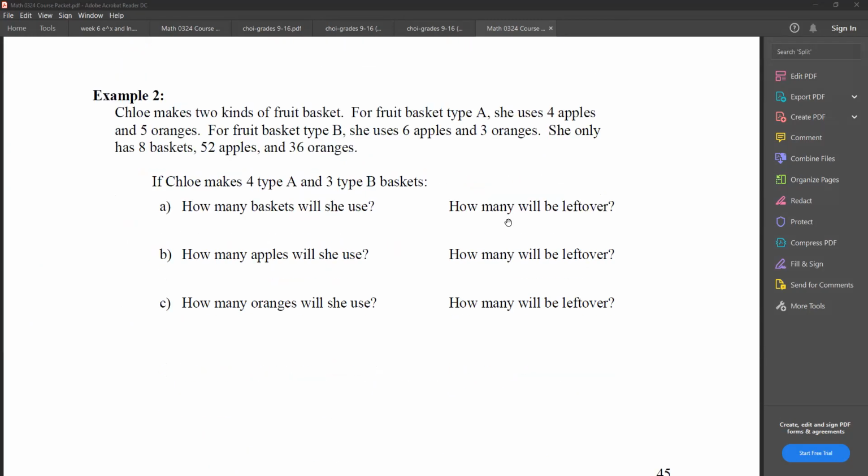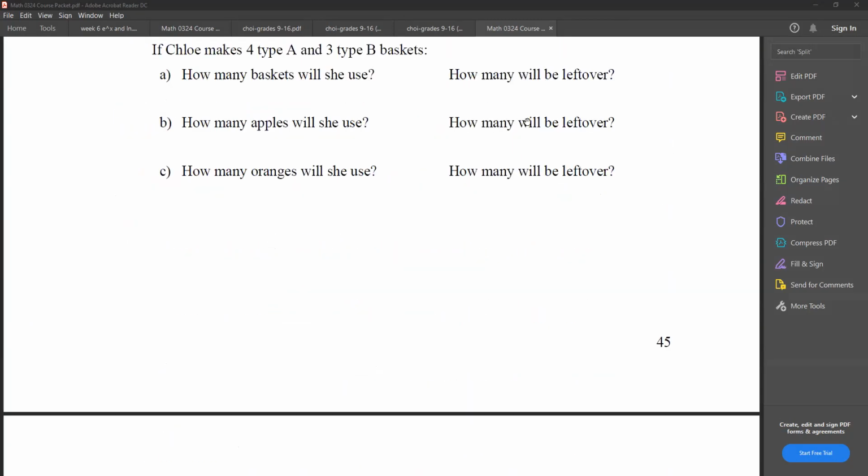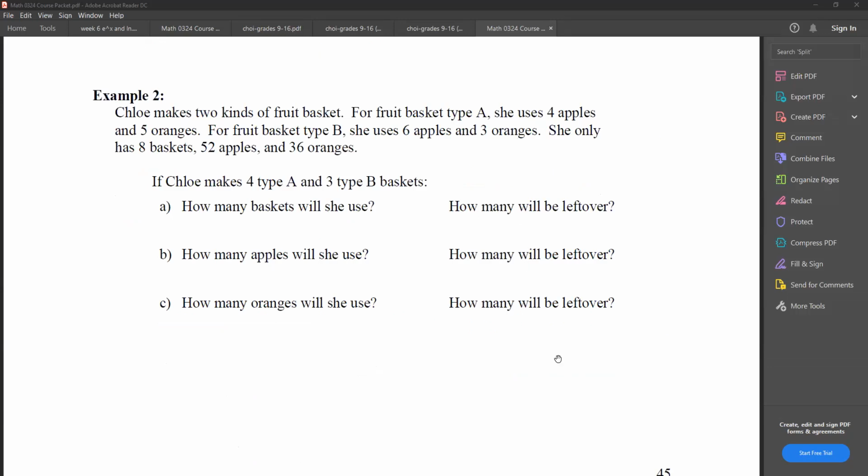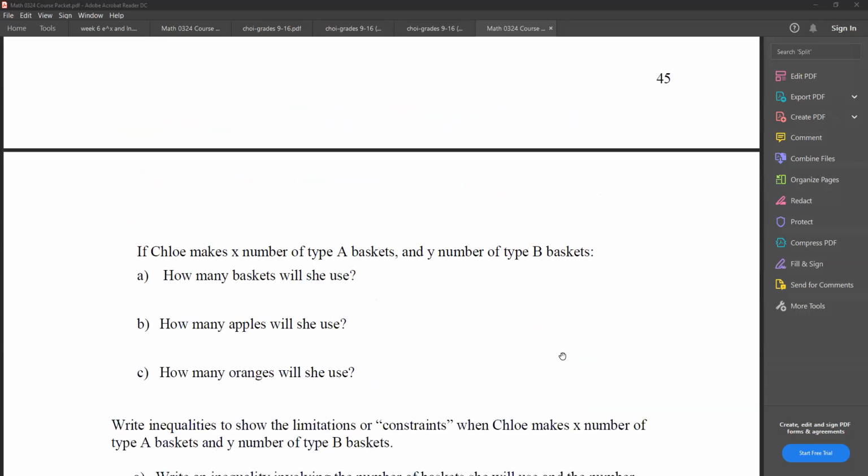All right. So let me go back to my chart here. Apples, oranges, type A. Let me make a little chart.